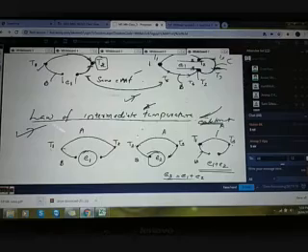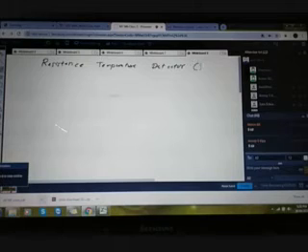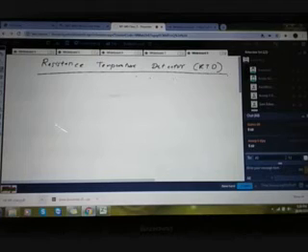Now we are going to discuss the last one, the resistance temperature detector, RTD. It is the same as our strain gauges.